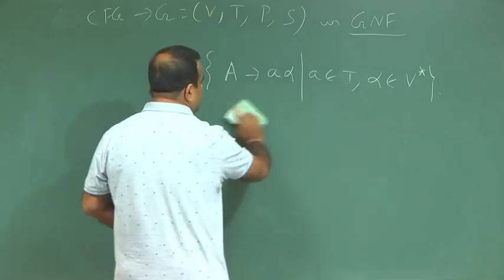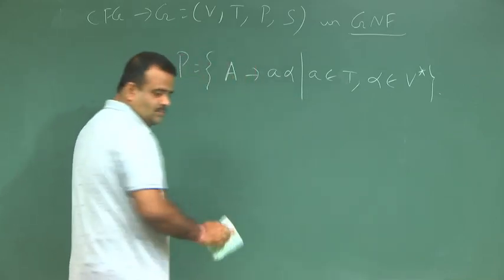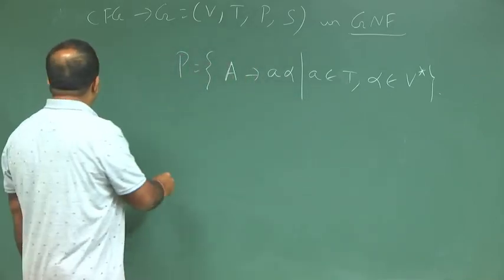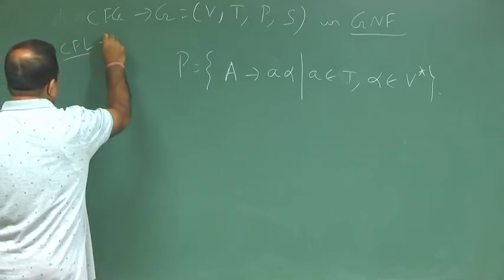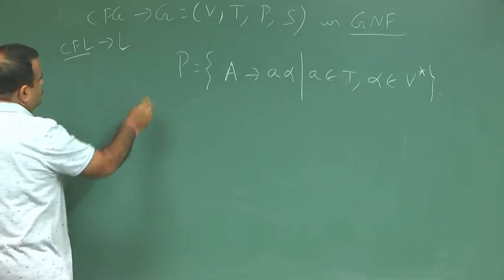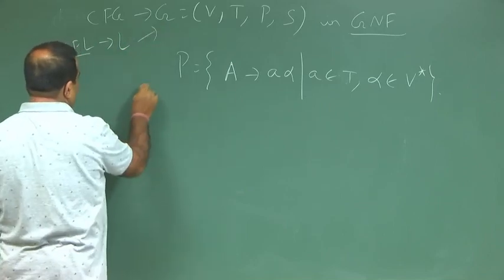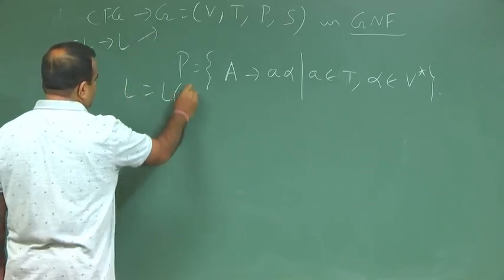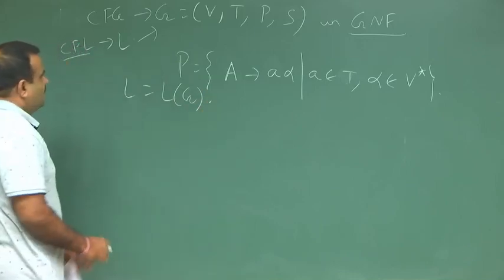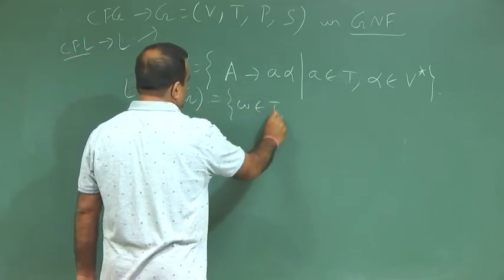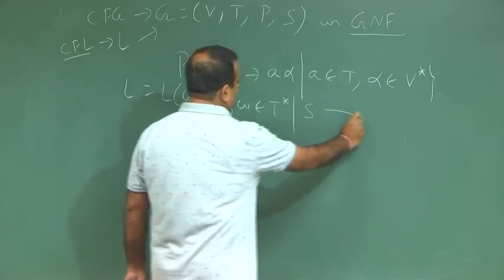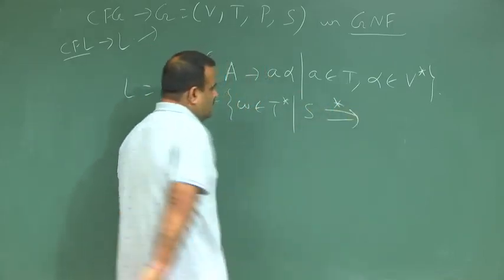Now suppose there is a CFL L for which L equals L of G. L of G is the set of all strings such that S derives w.